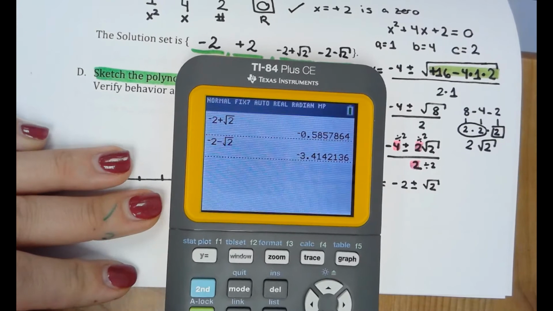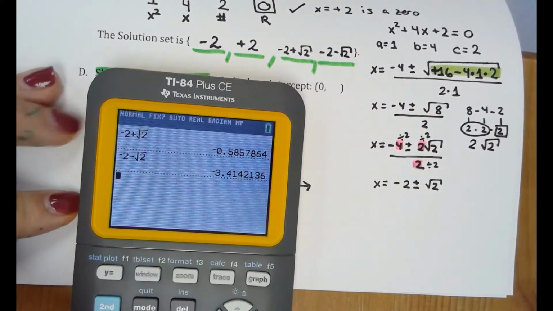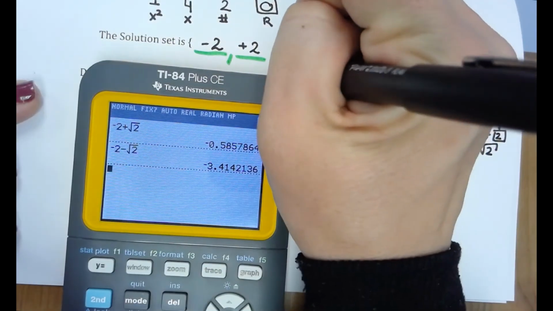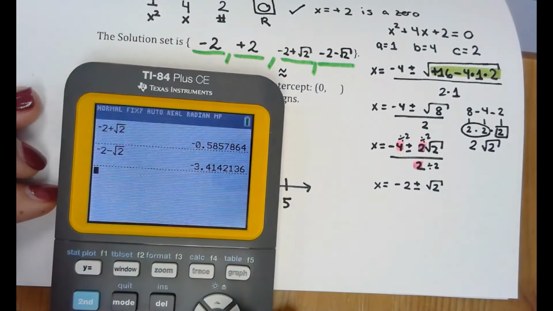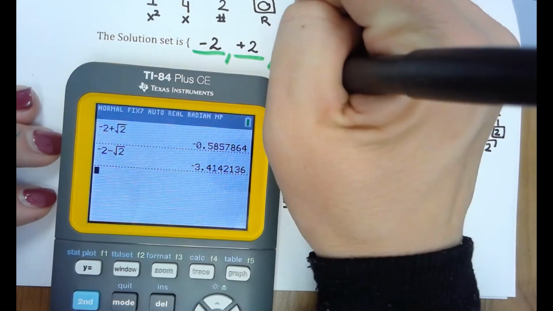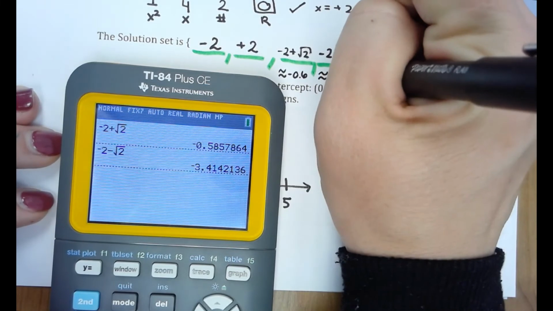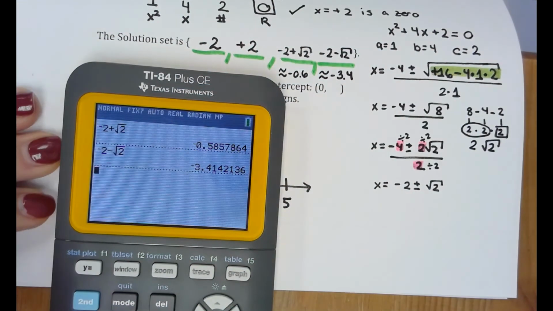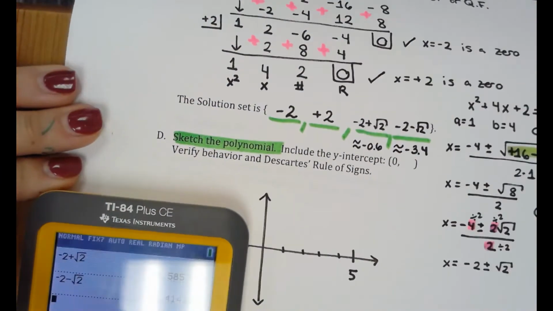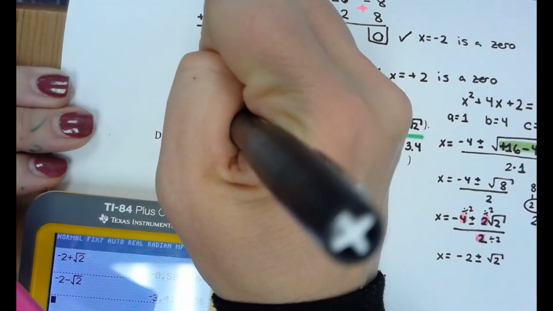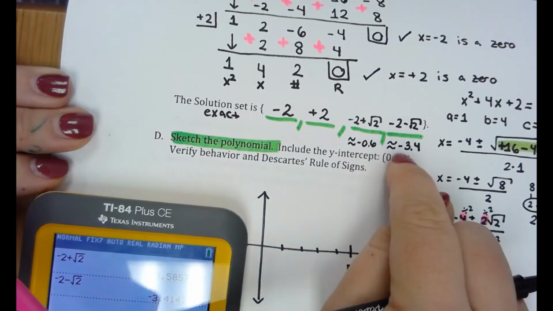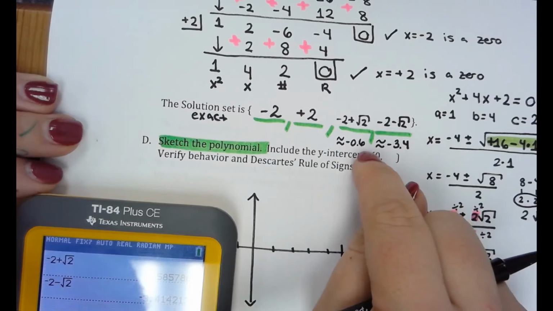So I am going to use those to help us graph that. So up above, the solution set is the exact answers, and these I'm just using approximate to help me graph it later.